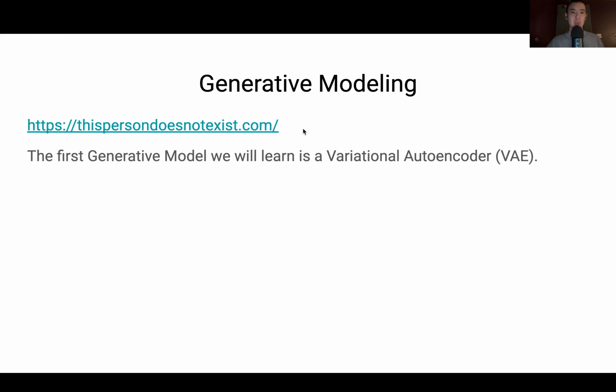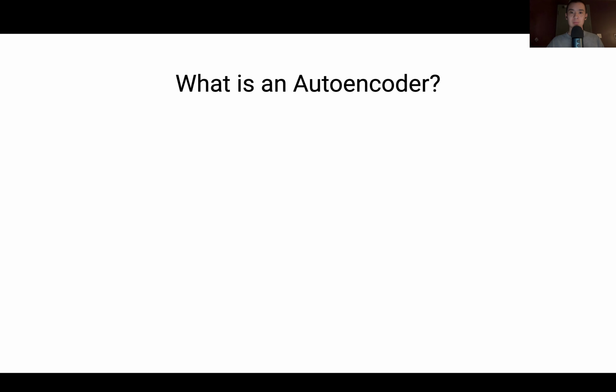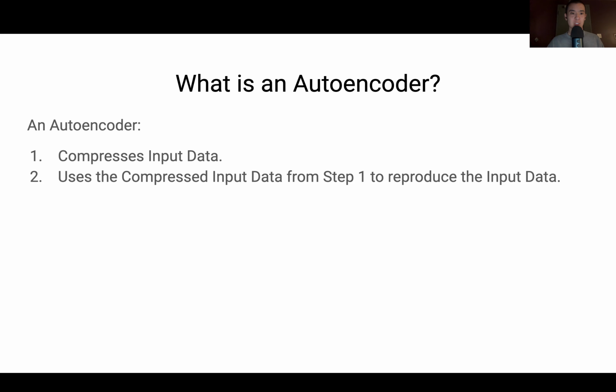The first generative model we will learn is a variational autoencoder, also called a VAE. So to get started, first off, what is an autoencoder? An autoencoder compresses input data, then uses the compressed input data from step 1 to reproduce the input data. Imagine our input data is this text of Kevin, where each of the letters appears twice.